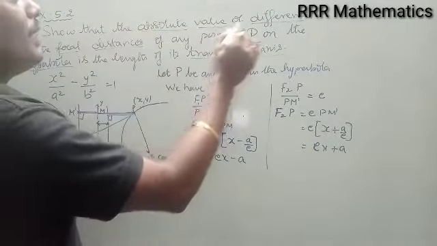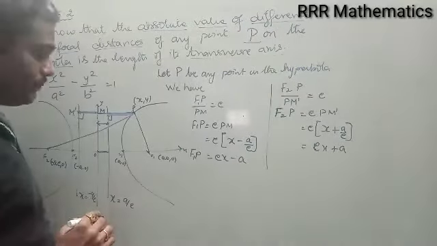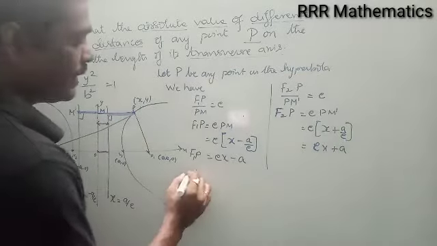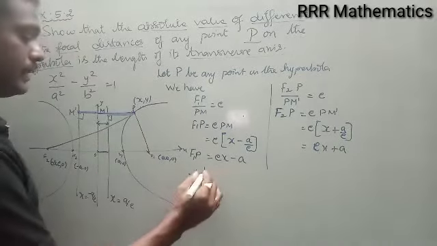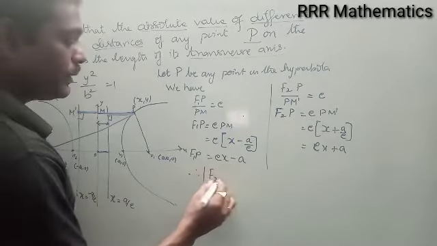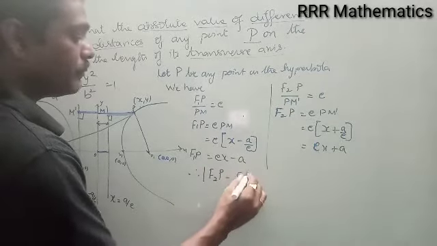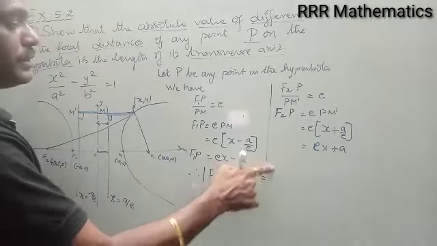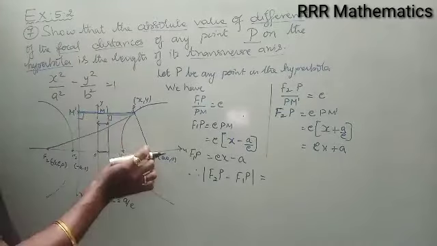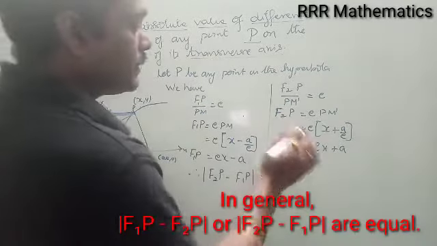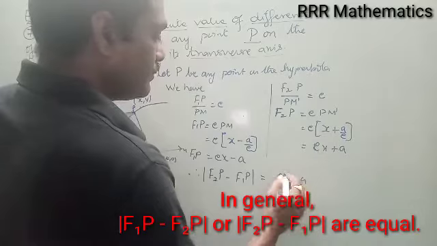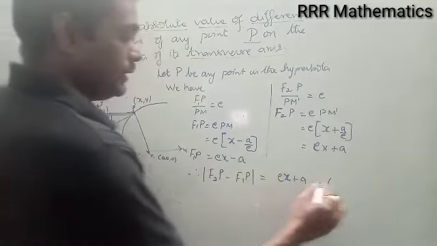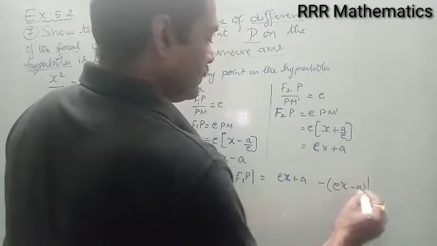Now, the absolute value of the difference of the focal distances. See, F2P is more than F1P. Therefore, I'll take F2P minus F1P, using modulus for the absolute value. Obviously, practically, F2P is more than F1P. What is F2P? It is ex plus a minus ex minus a.